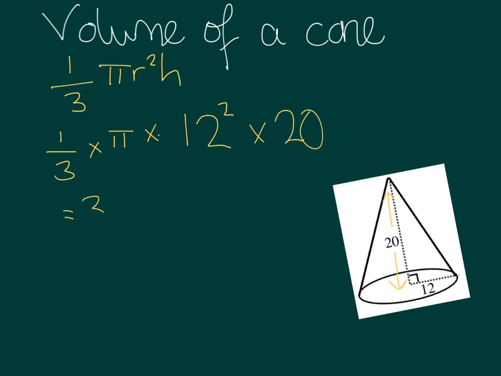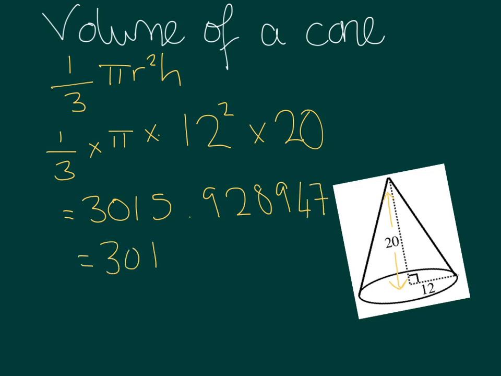And we put that in our calculator, and this is what you should have got. And then we're going to round it to 2 decimal places. And this one is volume, and if we say that that's in metres, then it will be metres cubed. Okay?